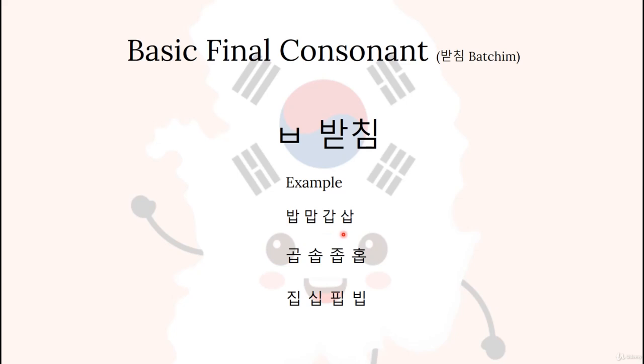삽. Next one, 곱, 솝, 좁, 홉, 집. 집 also means house in Korean. 십, 핍.